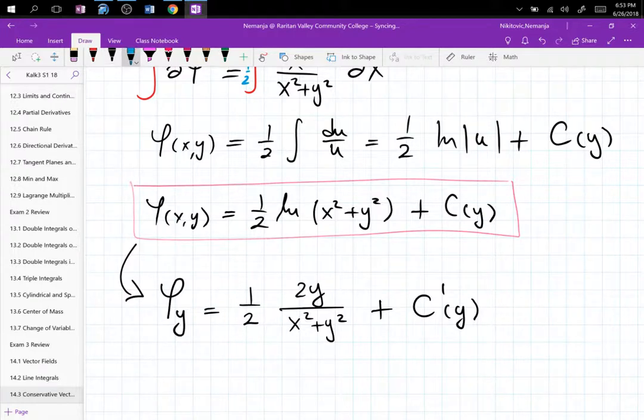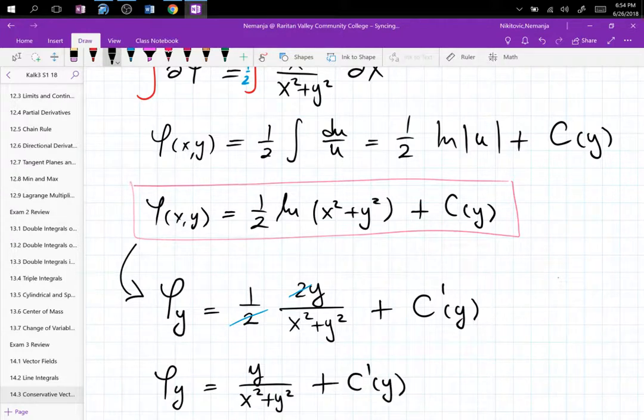Now these twos cancel, and what you have is phi y is y over x squared plus y squared plus c prime of y.